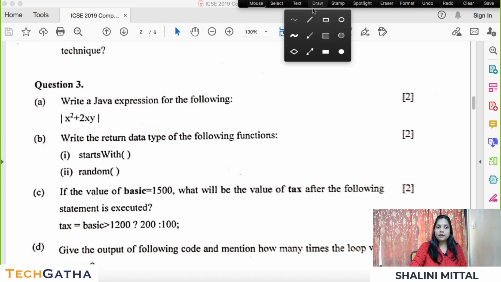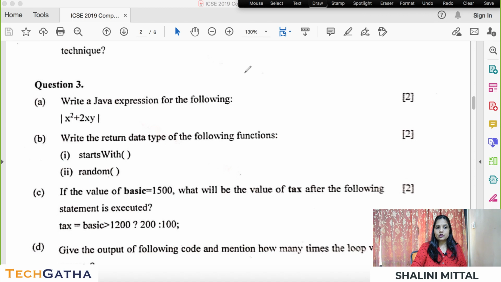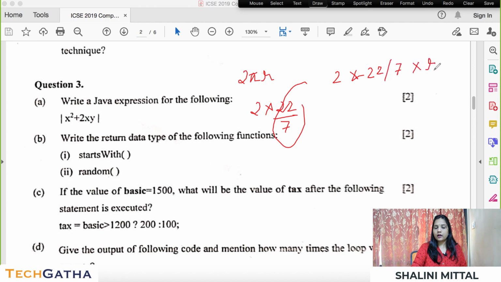At the same time, if an expression comprises, say for example, 2 pi r, okay, now for pi, do not do this. This is wrong. You cannot write an expression in Java like this. Alternatively, you will be writing 2 into 22 by 7 into r, or you can say 2 into Math.PI, the math class has a pi variable.